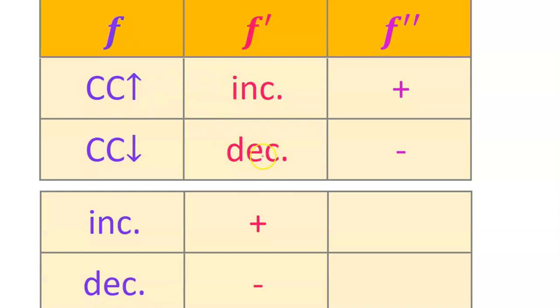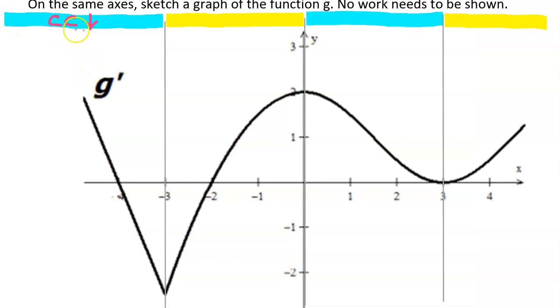If g prime is decreasing, then g should be concave down. So the original function g should be concave down in this interval, concave up in this interval, concave down in this interval, and concave up in this interval.